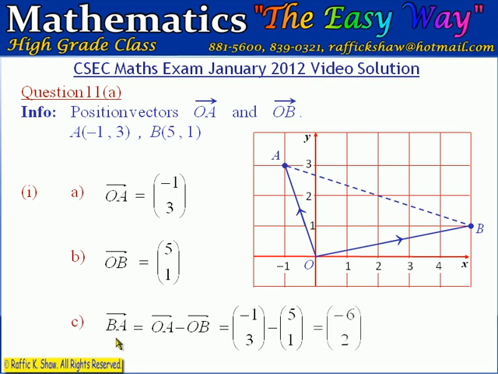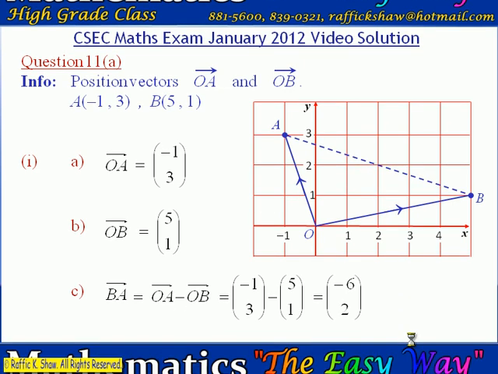So the displacement vector BA is -6, 2. And that corresponds to the displacement that will be required on the diagram to go from B to A: 6 units backwards and 2 units upwards. So that's the answer for part 1 of question 11A.